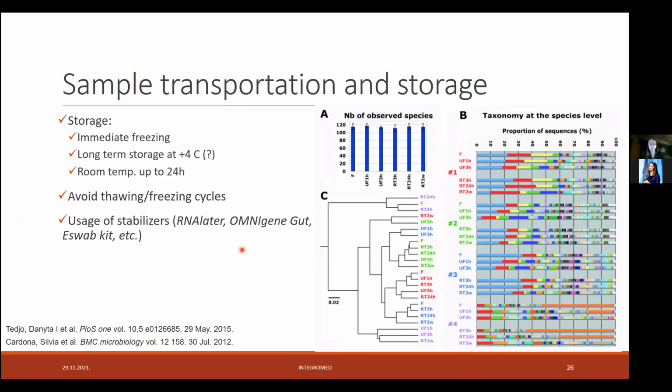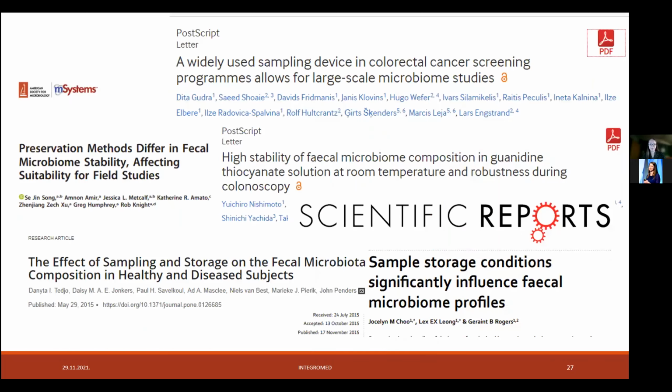For example, as I know, RNAlater is not so compatible with metabolite analysis afterwards. And yes, you should again take into account what you are going to do after you collect the samples before you choose these steps.